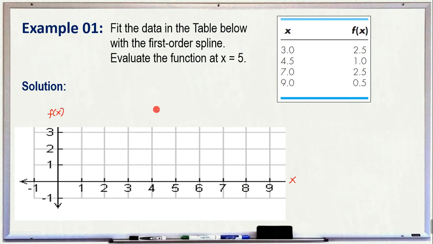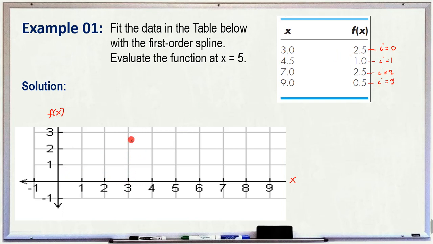So, unsa man ang ato ang first point? So, muna siya. This is our i equals 0, i equals 1, i equals 2, i equals 3. Okay. So, pasabot sa i equals 0, muna siya ang first point, no? So, ang first point kay 3 ug 2.5.